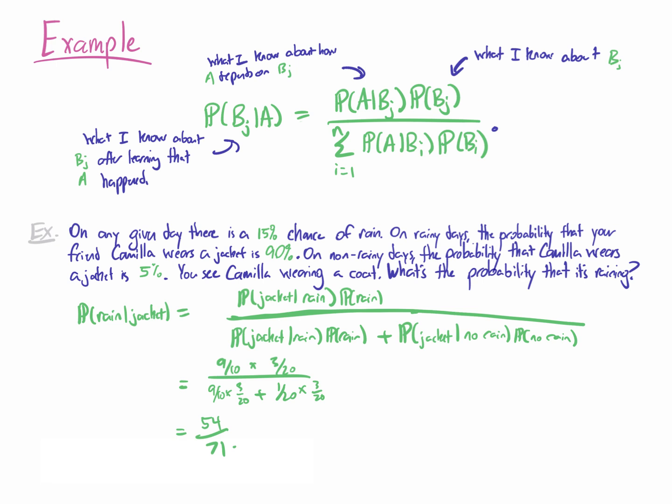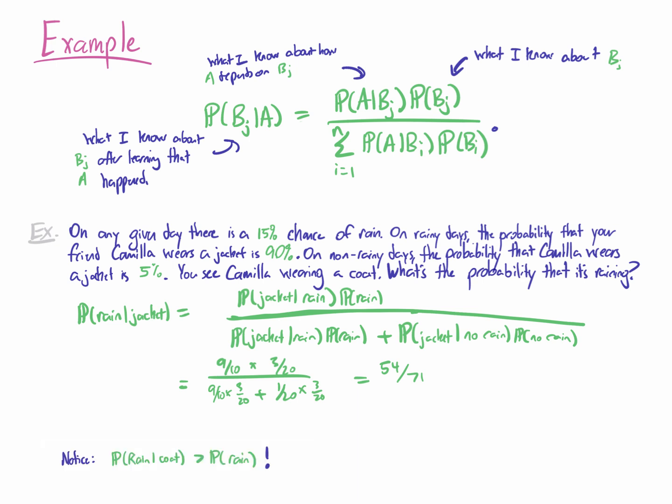So the really big thing to notice here is that when we do this, we actually find something really important. I'm just going to move the 54 over 71 over here. We find that thinking that Camilla has worn a jacket that day changes our belief about whether or not it's raining.